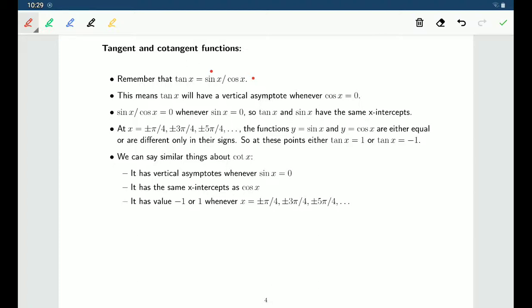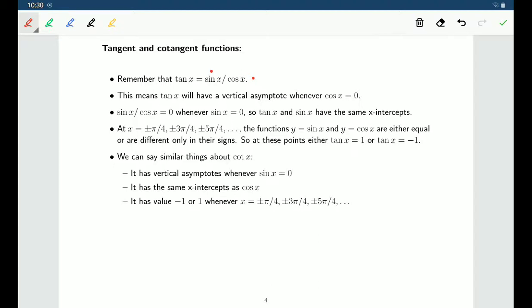At all of those places, sine and cosine are root 2 over 2 or negative root 2 over 2, depending on which quadrant we're in, which means that sine divided by cos should either be 1 or negative 1. At all of those angles that have a reference angle of 45 degrees, tangent would be either positive 1 or negative 1.